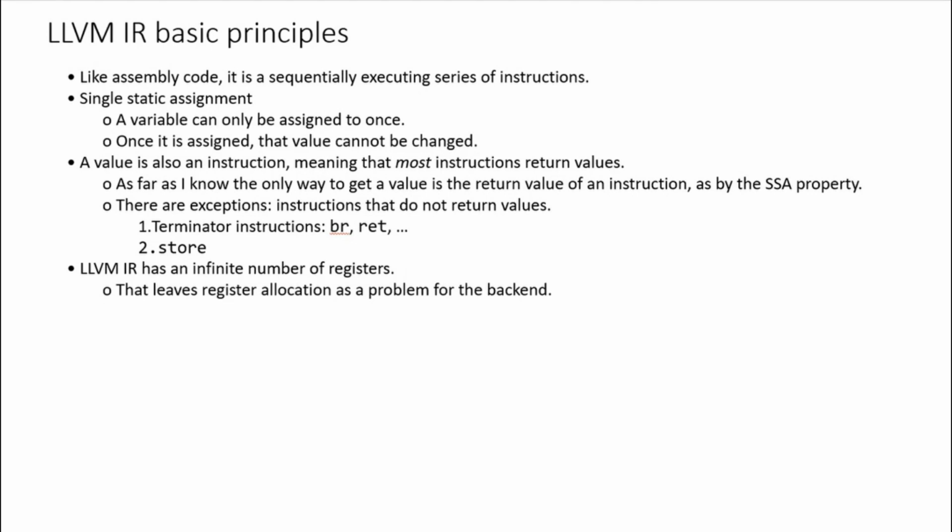A value is also an instruction, meaning that most instructions return values. As far as I know, the only way to get a value is the return value of an instruction, by the SSA property. However, there are exceptions. Some instructions do not return values. Specifically, terminator instructions do not return values, and also the store instruction does not return a value.